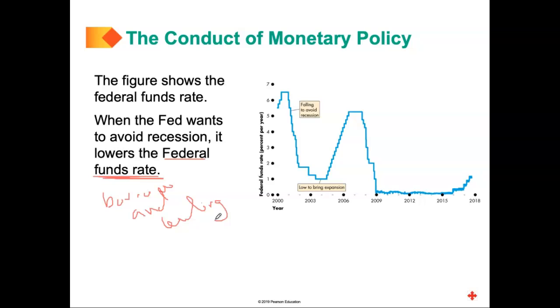If banks have more money and more capital, they can give out more loans, and give money out to people to spend. If people are spending, that will increase aggregate demand, hence increase GDP and close the recession. So that is why the Federal Reserve, when an economy is in a recession, or to avoid a recession, lowers the federal funds rate.